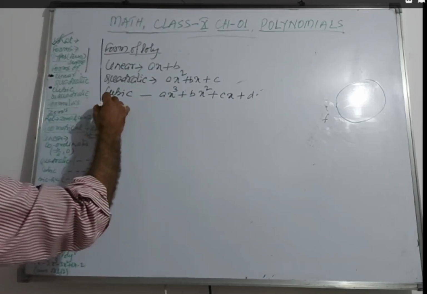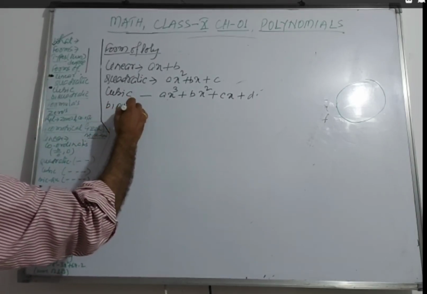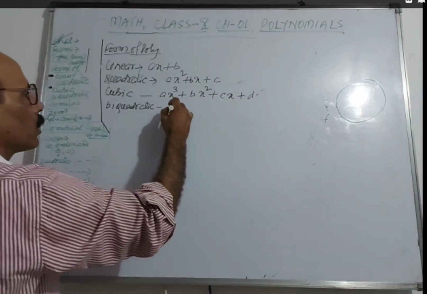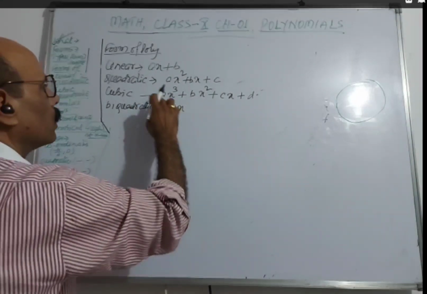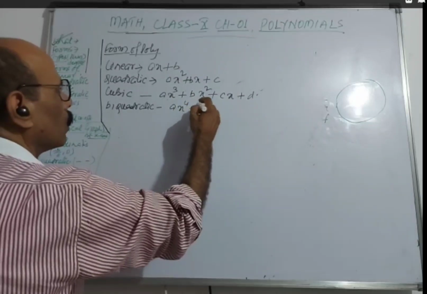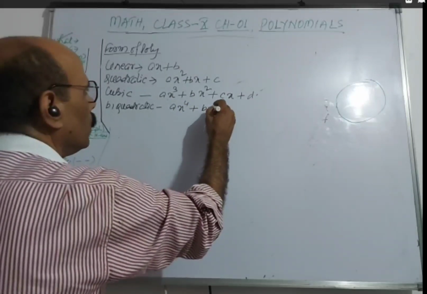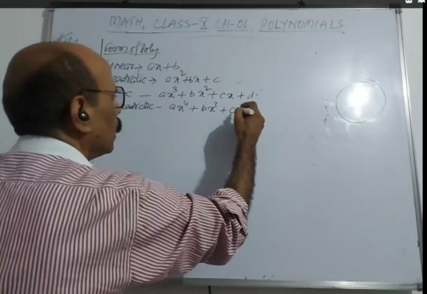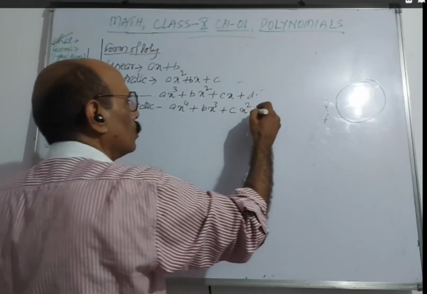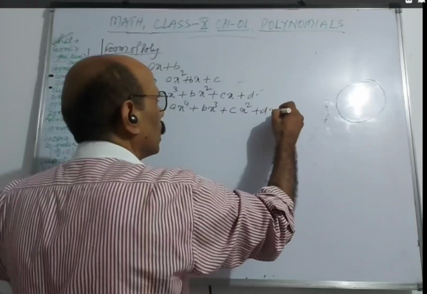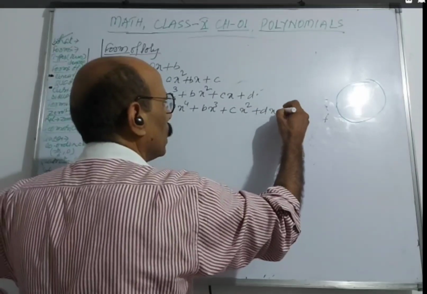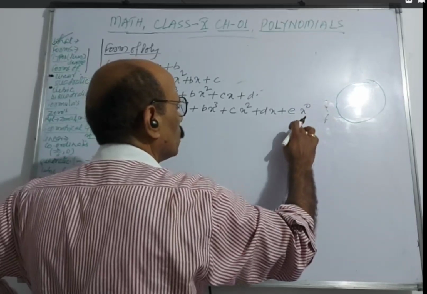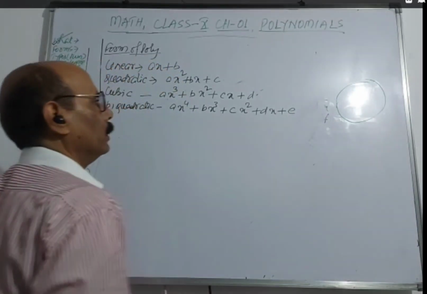By biquadratic, in biquadratic, x to the power 4: a, then b x to the power 3, c x to the power 2, d x to the power 1, no need to write, and e x to the power 0 is equal to 1, no need to write.